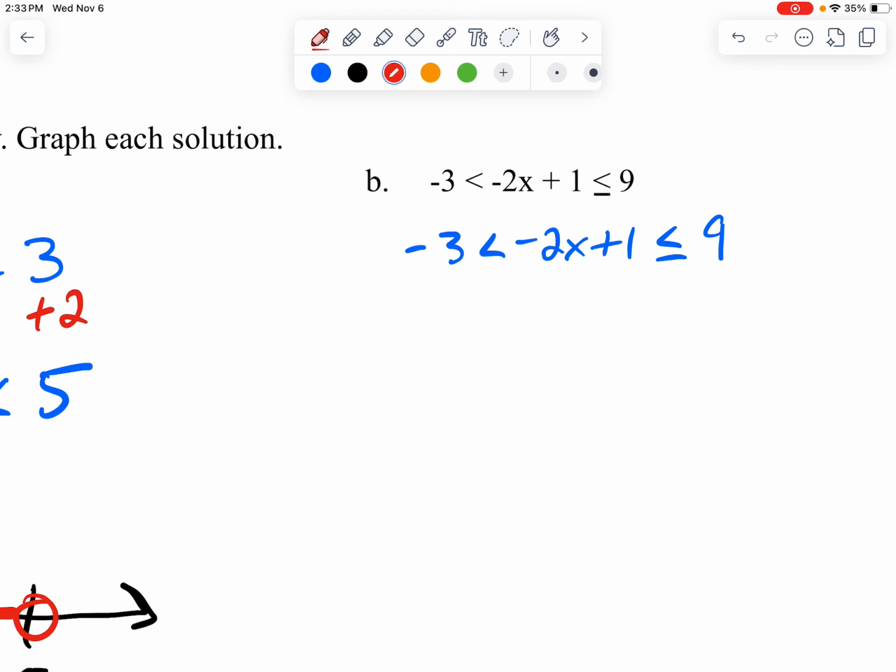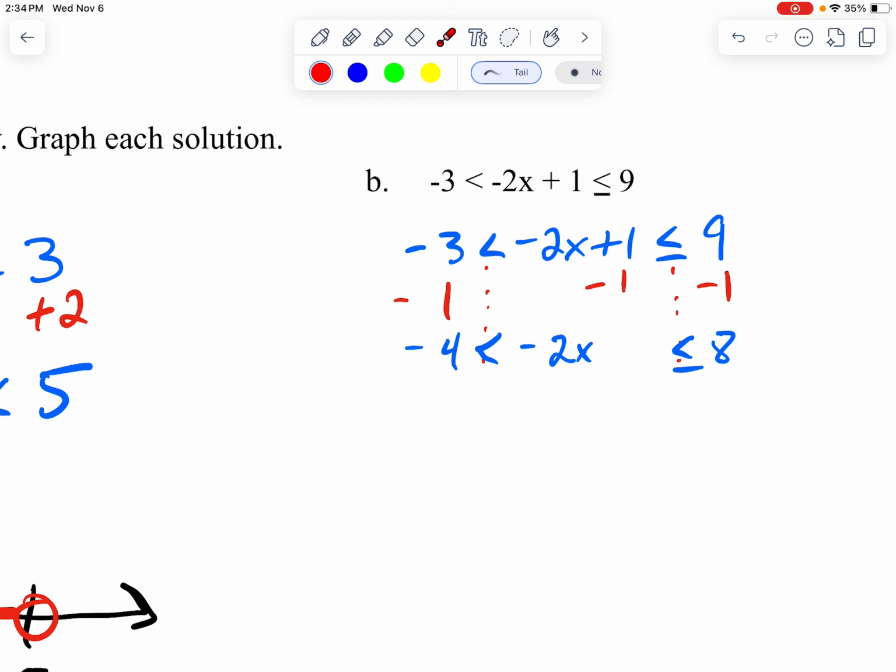So I'm going to do that by subtracting 1. And remember, I've got these 3 separate parts now, so I've got to do it to all 3 parts: -3 minus 1, 1 minus 1, 9 minus 1. And so we end up with -4 is less than -2x, which is less than or equal to 8.